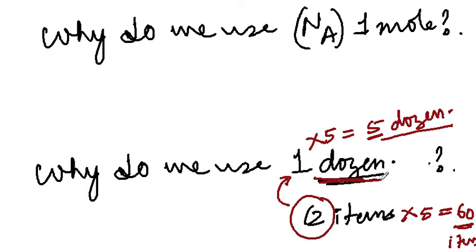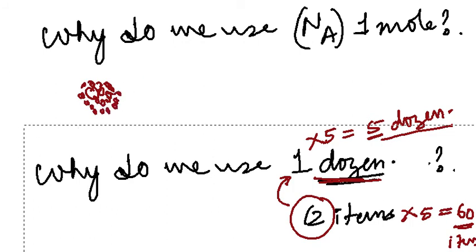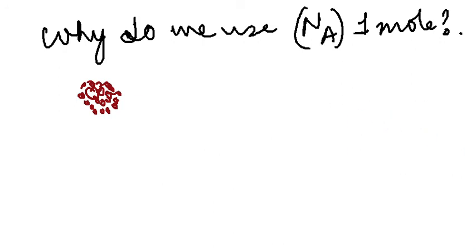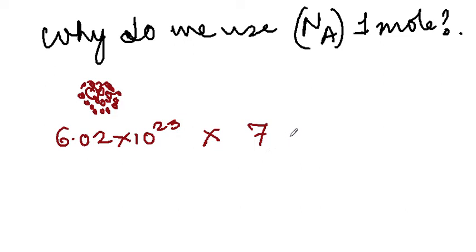Exactly for the same reason, if we have crores and crores of particles and we have to multiply that number, let's say we have to multiply 6.02 into 10 to the power of 23 with 7, it will be 42.14 into 10 to the power of 23.